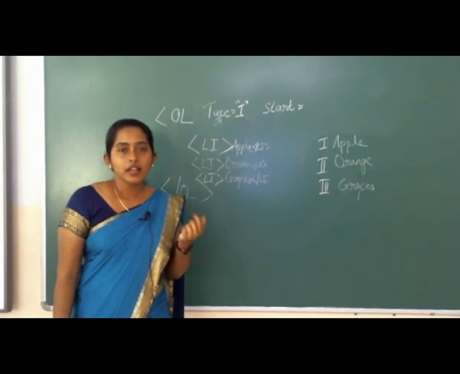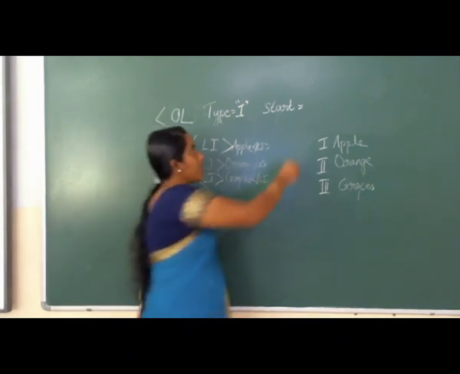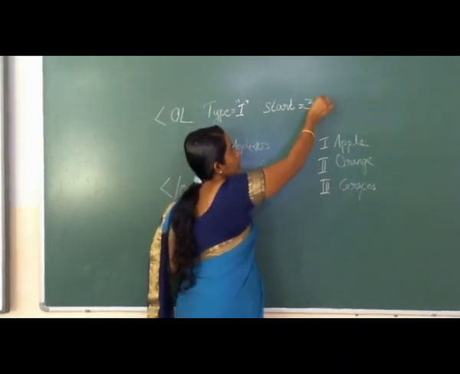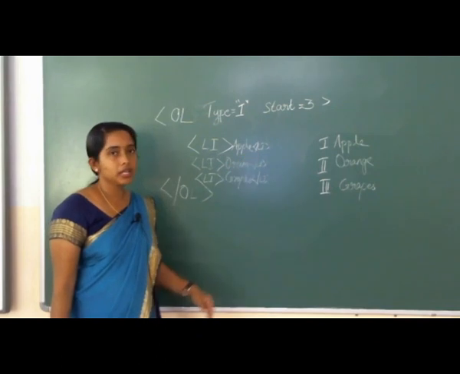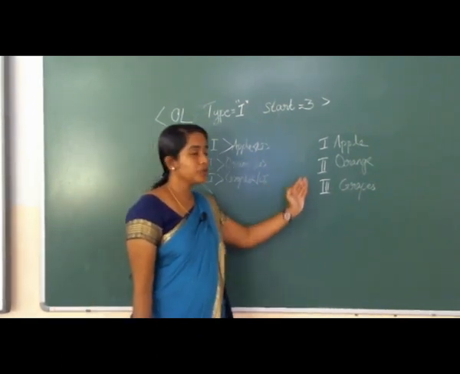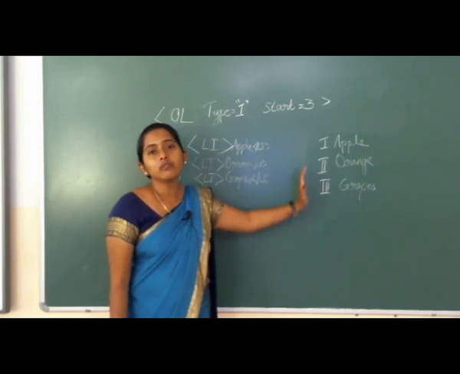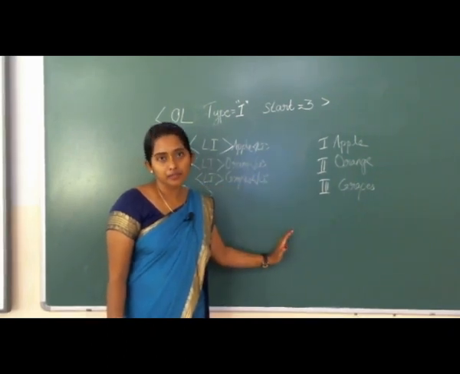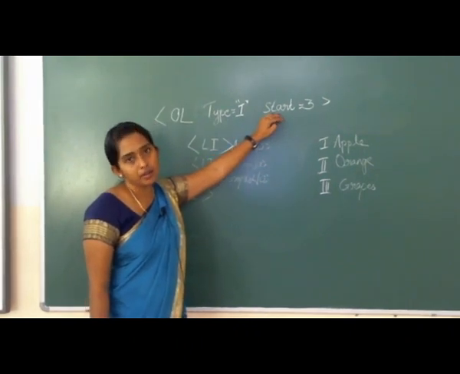If you give the value 3, start equal to 3 and the closing angle bracket, then what will be the output here? Whether it will start from 1 to 3, that is, from which number onwards we have to start. For that purpose we are using this start attribute.